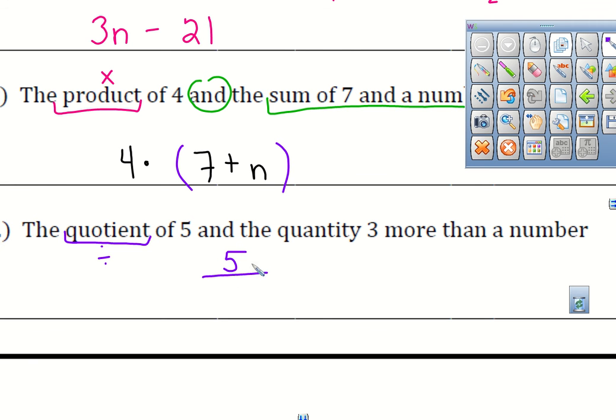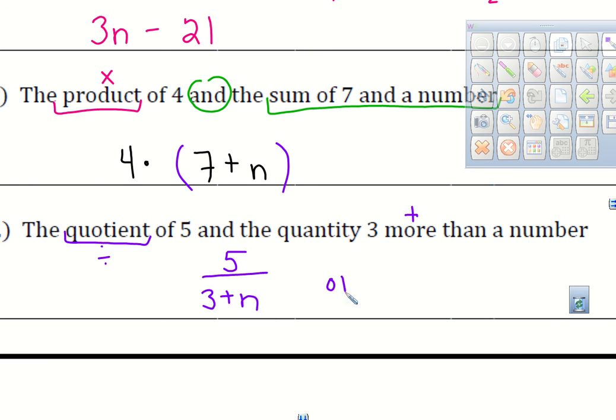I'm dividing 5 by 3 more, that's my plus sign, than a number. So I'm dividing 5 by 3 plus n. Or you guys can write this like 5 divided by the quantity 3 plus n. The fraction bar just means division.